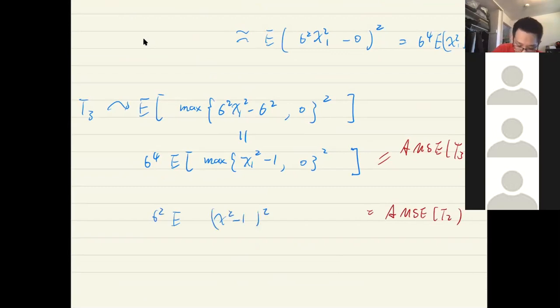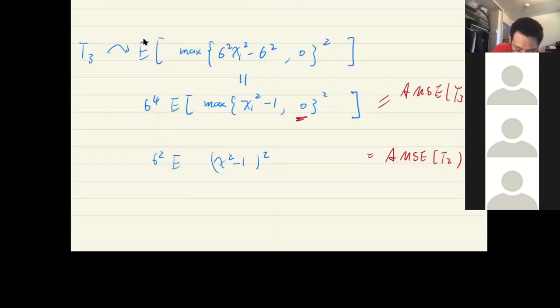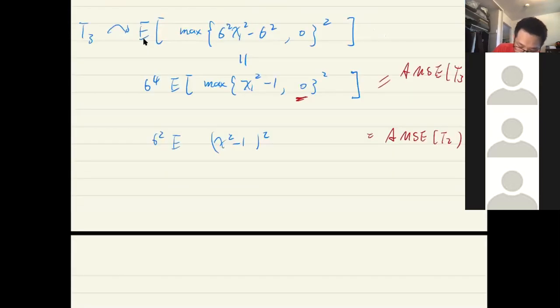Because we truncate all the values smaller than 0, we'll have smaller values, so you can say a smaller second moment.